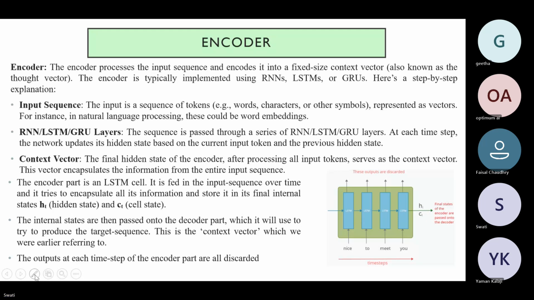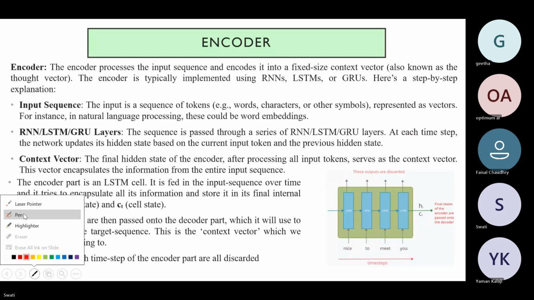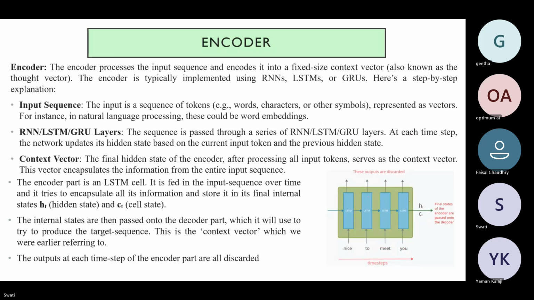The input is a sequence of tokens. We can't directly send words like nice to the model, because the model won't understand them. These are words, so we have to convert them into tokens or vectors. Then we can send them to the encoder.